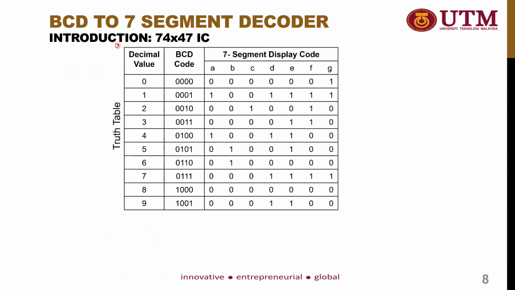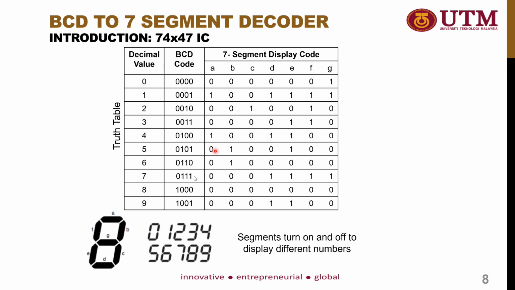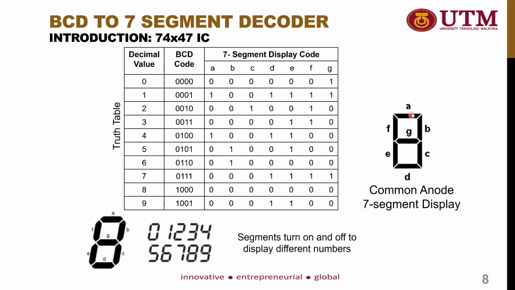So this is the truth table for the BCD to 7-segment display code. Actually, you don't have to remember the output of the 7-segment display code, but you just need to remember the sequence of the letters so that you will be able to figure out what the output for the 7-segment display code is.